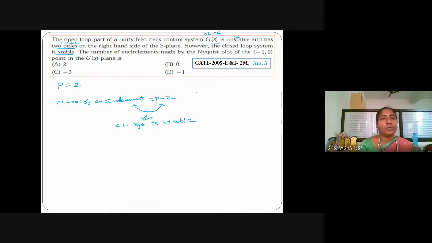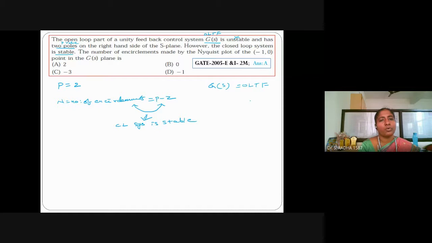The open loop part of a unity feedback control system is unstable and has two poles on the RHS. So we are given the G of S value, which is the open loop transfer function.